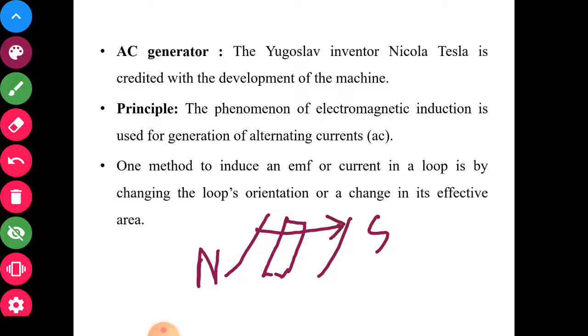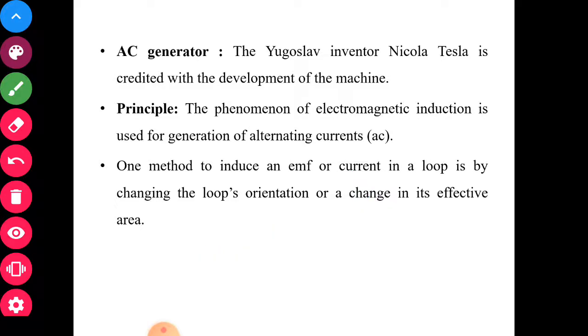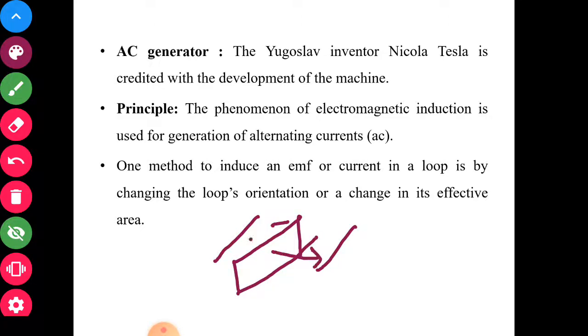Say the magnetic field is in this direction, and you have placed the rectangular coil in this way. So the area vector is in this direction, the magnetic field is in this direction. So the angle between the area vector and the magnetic field is 0.